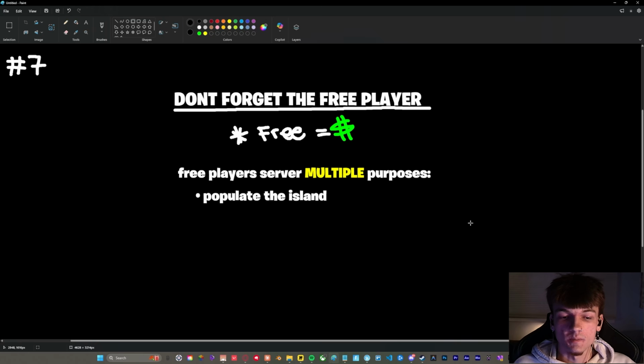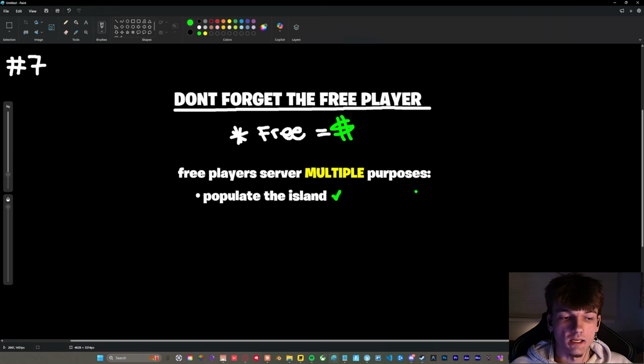Free players are so important because they have multiple purposes. The first one, obviously, is that they populate the island, because let's be honest, nobody wants to play an empty island, and in fact, most islands rely on some kind of player engagement to even function to begin with. It's really important that they even exist just so that the map works.